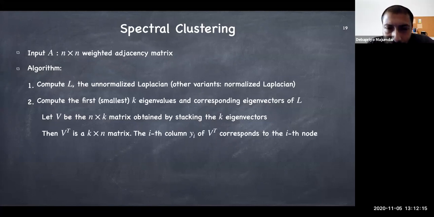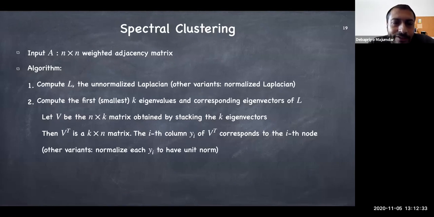And then the ith column of V transpose will correspond to the ith node of the graph, just like we did in our hands-on. You can discard the first eigenvector if you want, because that is going to be constant. It's not going to give you any value. There are other variants to this. Instead of taking V transpose simply, you normalize each row of V, or normalize each column of V transpose, and things like that, so that all the vectors have unit norm.